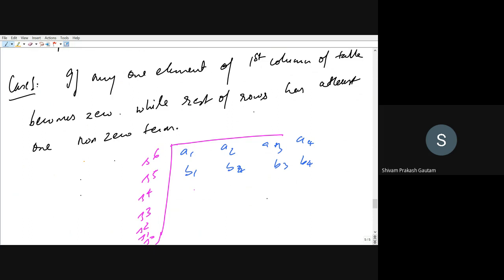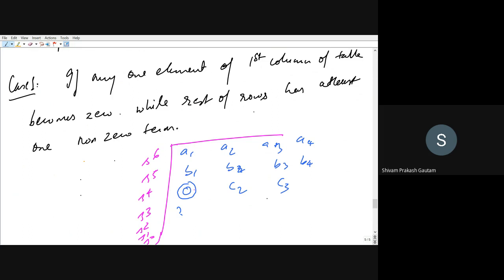Let us suppose this s to the power 4 term becomes 0, and the others are non-zero, that is C2, C3. Now, how will you proceed? Because for calculating the next row you have to divide by this term, and this term is 0. When you divide by 0, that term will become infinite, so it will be really hard to calculate the remaining rows of the table. How to proceed in this case, we will see shortly.